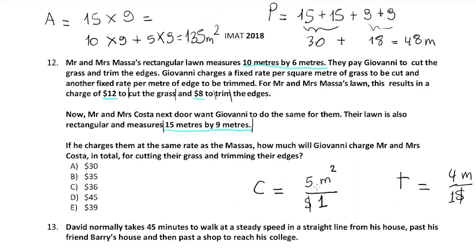So we have our conversion factor right here. So we can divide 135 square meters by 5 square meters per dollar. So we will get, if we take 5 and we multiply by 10, we get 50.